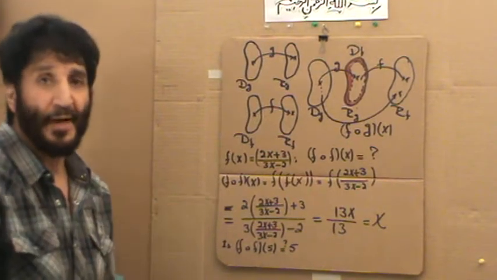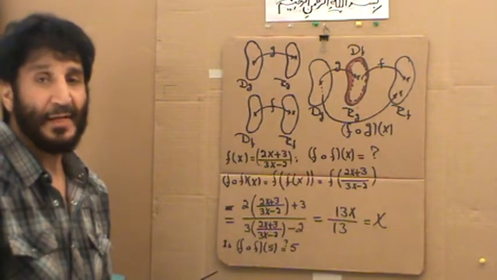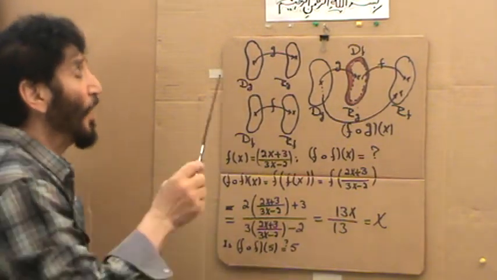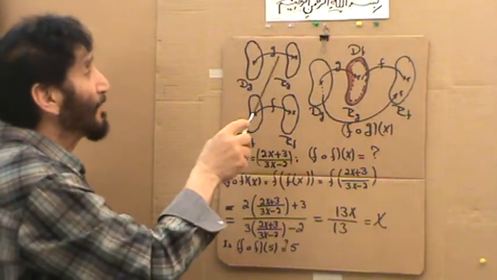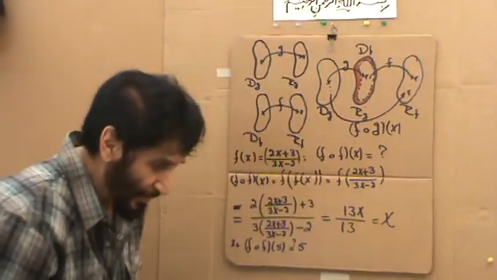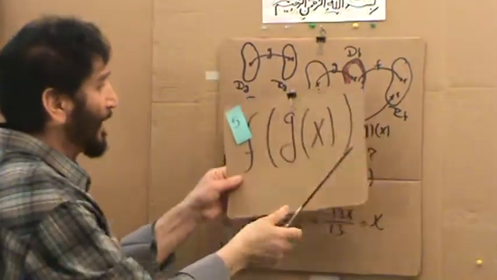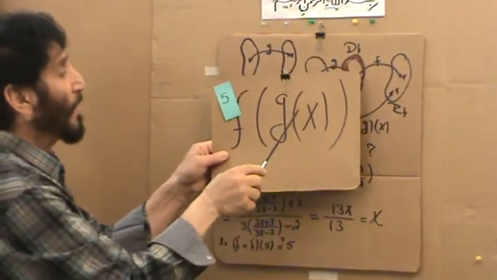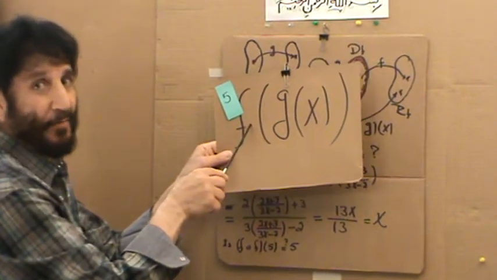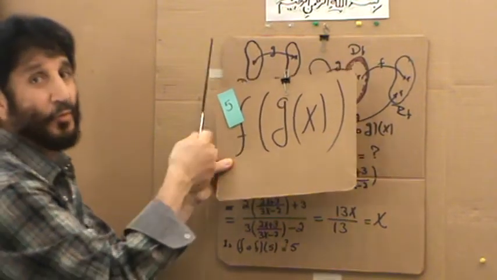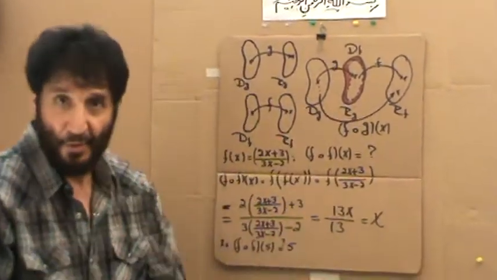Now we want to combine them. How do we combine them as far as the composition is concerned? Suppose that the range of g must fall into the domain of f in order for f to act accordingly as a function.